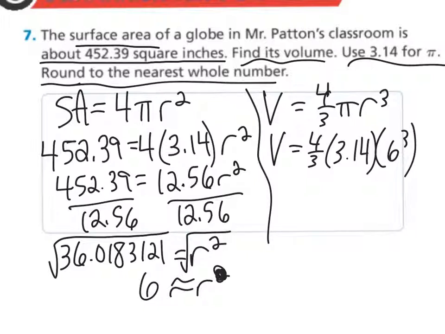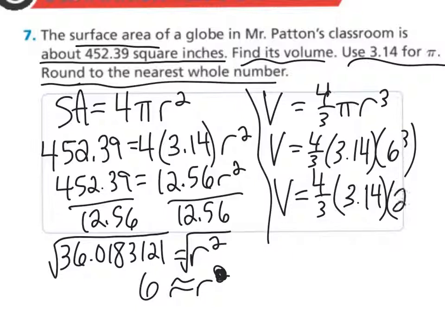Again, if it wasn't that close to 6, we could have kept all the numbers there. So 6 cubed is 216, and then if you want to, you can put those over ones and just multiply straight across, or you can do it in steps, whichever way you want.